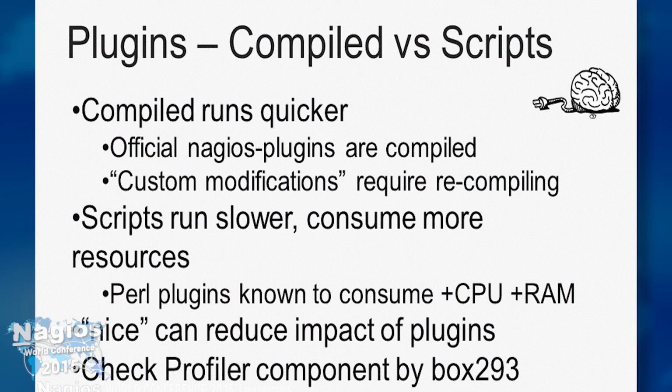However, you can change stuff inside very quickly and they just work. Something I have tried recently is using the nice command to reduce the process priority that the plugin runs at. So it still gets allowed to run with the same amount of resources, but not at the impact of the other higher priority processes. The results vary, but it is a way of sometimes squeezing a little bit more performance out of your system. And that was that check profiler component I talked about.